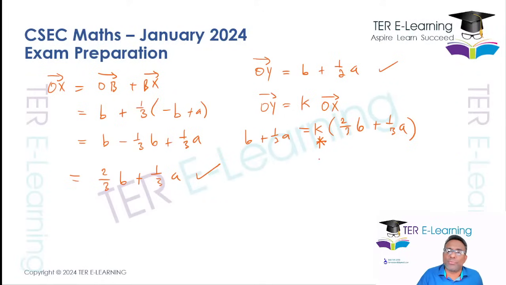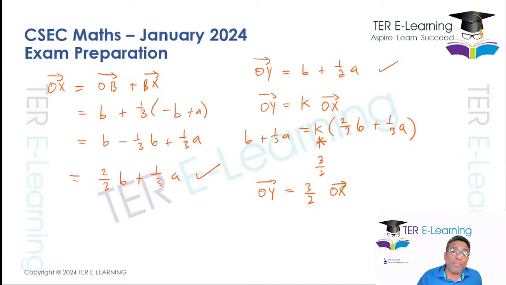Yeah, it is 3/2, my bad. It is 3/2. So this K has to be equal to 3/2. So what that means is that the vector OY is equal to 3/2 times the vector OX. Now that's one part of your proof there.